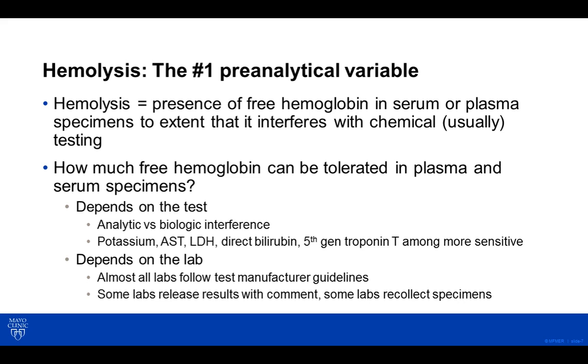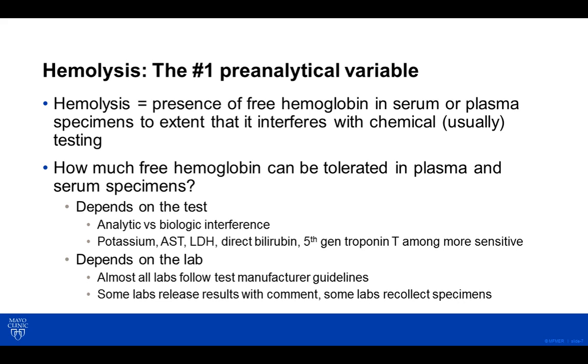This also depends on the lab. We're going to talk about literature on rates of hemolysis and talk about our experience at Mayo. In general, most labs will accept the manufacturer-defined specifications for the amount of free hemoglobin that can be tolerated before you have an analytic or biologic interference. However, some labs will make their own guidelines based on their own testing, and some labs have different takes.